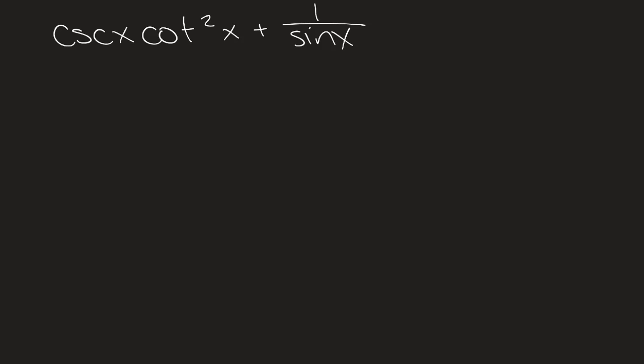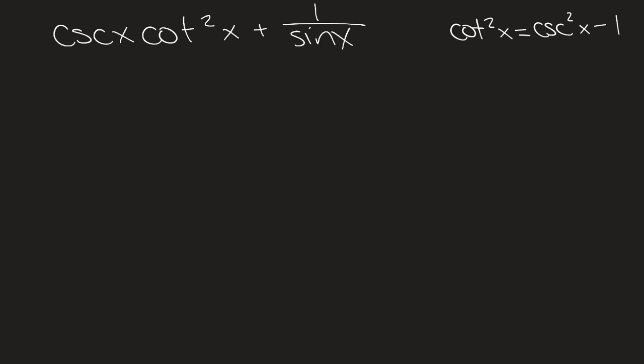Go ahead, take a look into your identities that you wrote down, and hopefully you see that cotangent squared is equivalent to cosecant squared x minus 1, and that's a Pythagorean identity.